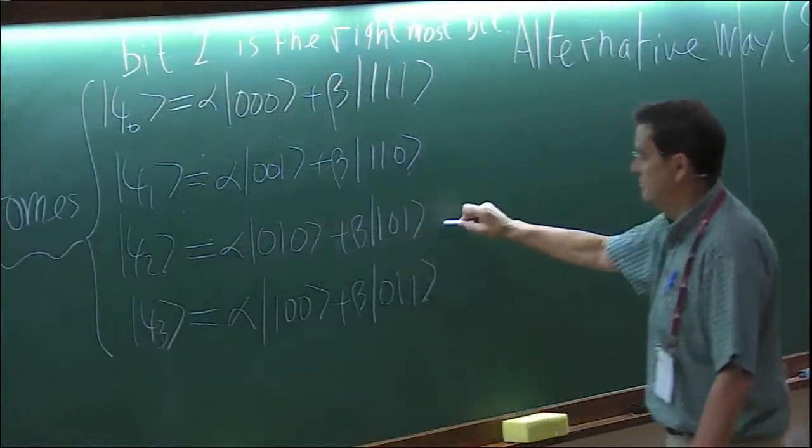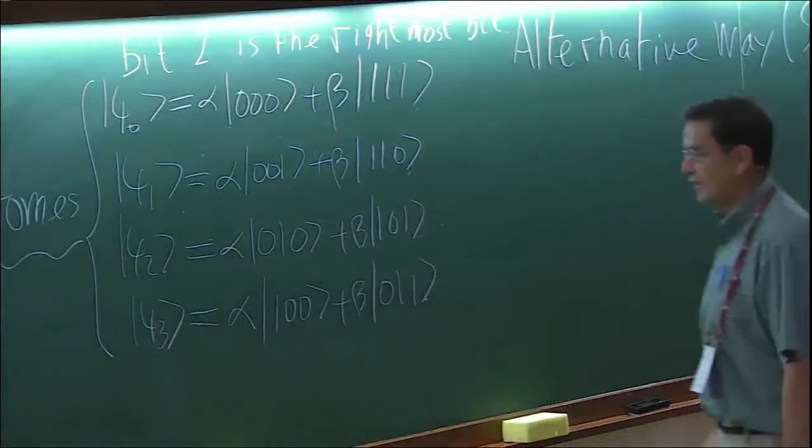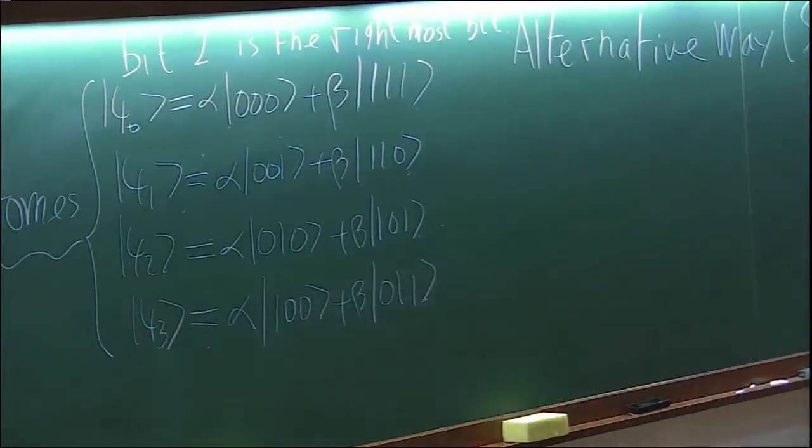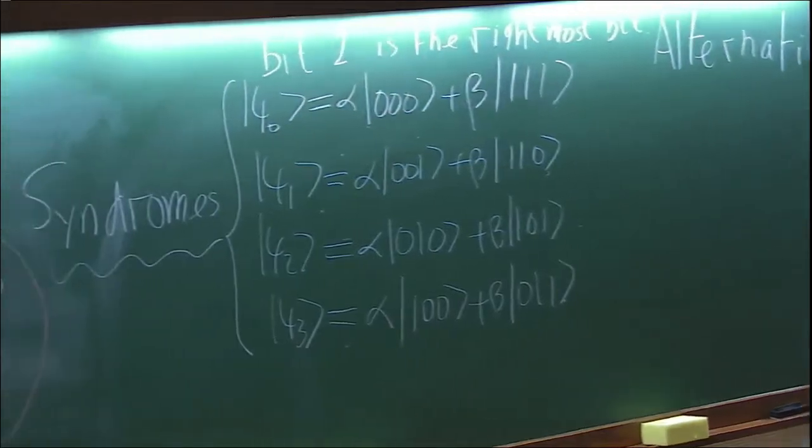Psi 2 has bit 2 corrupted, and psi 3 has bit 3 corrupted. So you can also think of psi 1 as obtained by acting with the X operator, the bit flip operator for bit 1, on the uncorrupted state. Psi 2 is when you flip the second qubit with X2, and psi 3 when you flip the third qubit.